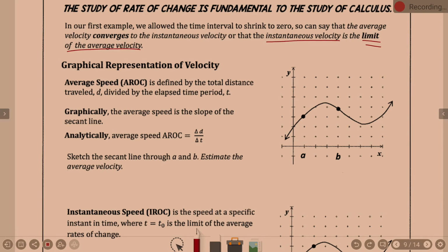It's going through the curve as opposed to only touching the curve in one spot, which will be our tangent line. If a line is tangent to a curve, it just touches it in one spot. So I'm going to erase that, but that's a tangent line.